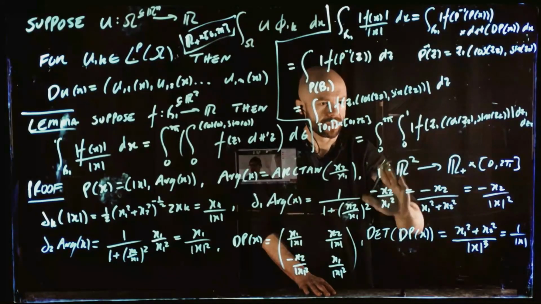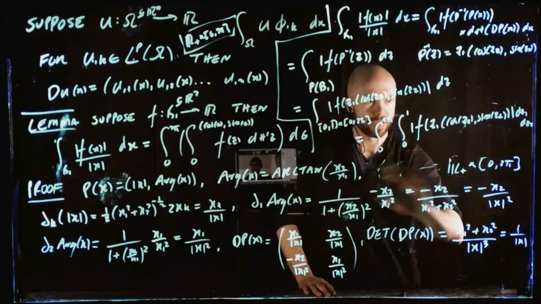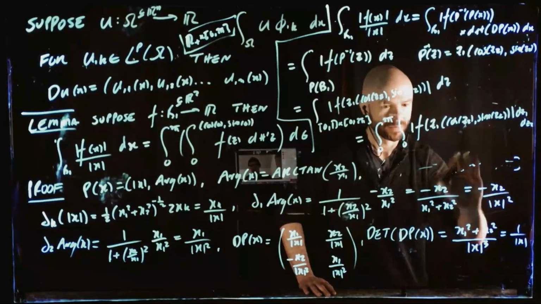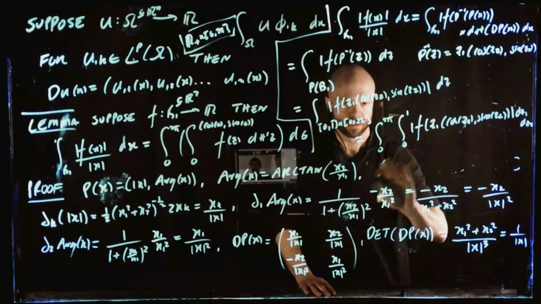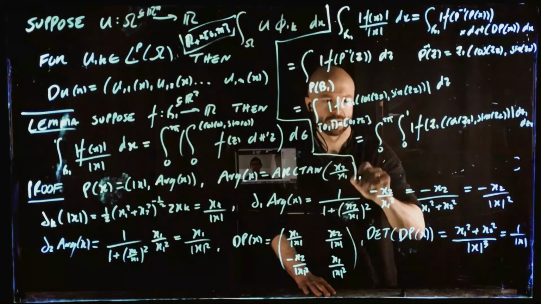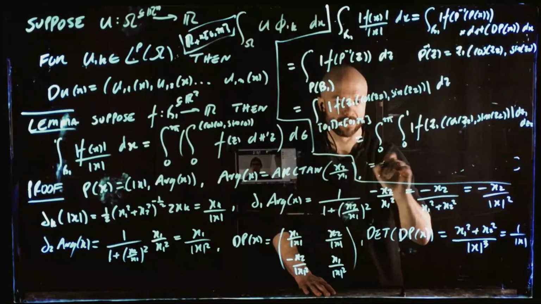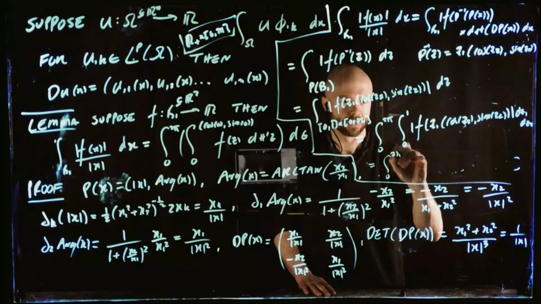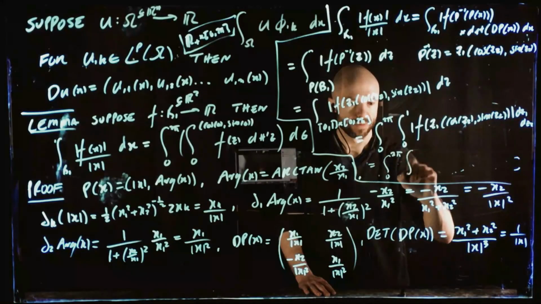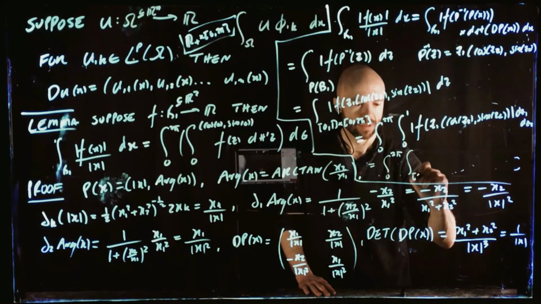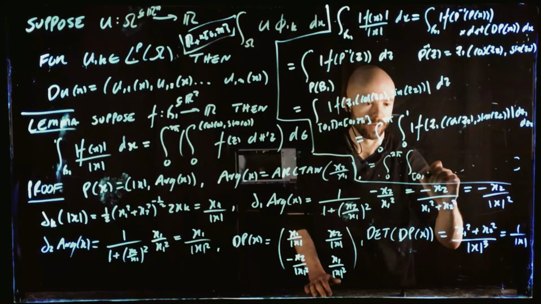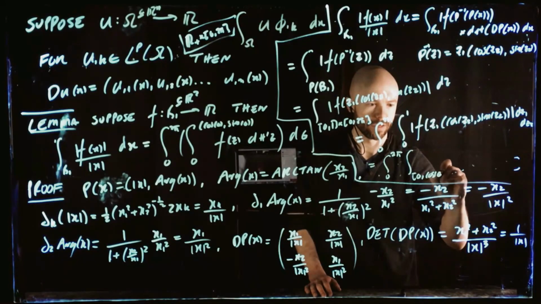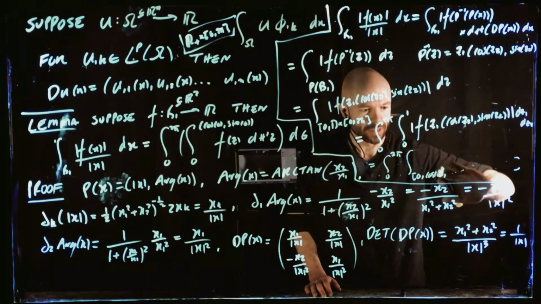And that's exactly what we want, because what's that? That is the integral from 0 to 2 pi of just the integral from the center to this point, cosine of theta, sine of theta.